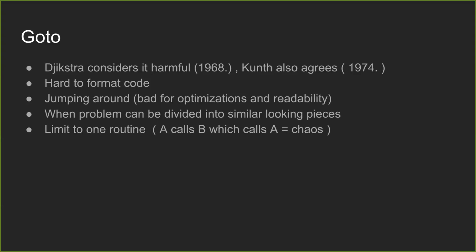This is a typo, Knuth, not Kunt. He also found some ways in which Goto can even make the program larger and more complex. And the main argument for using Goto is that it makes code simpler.